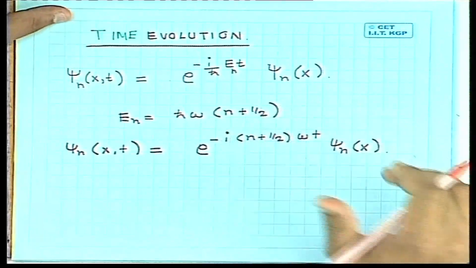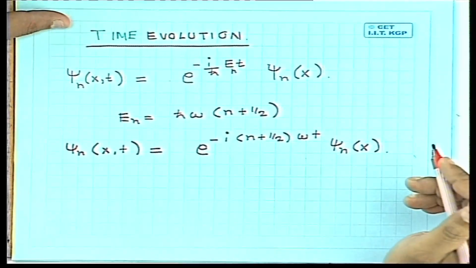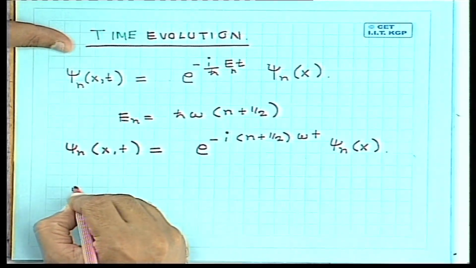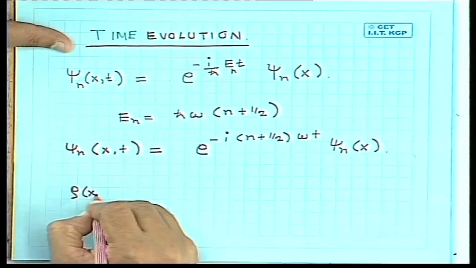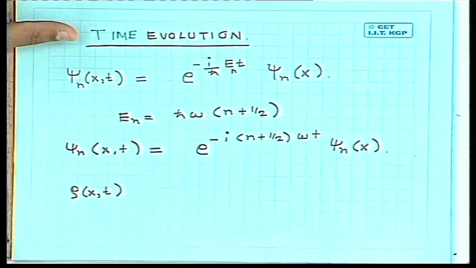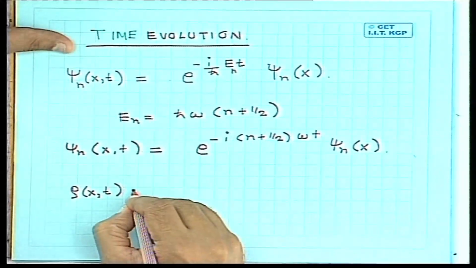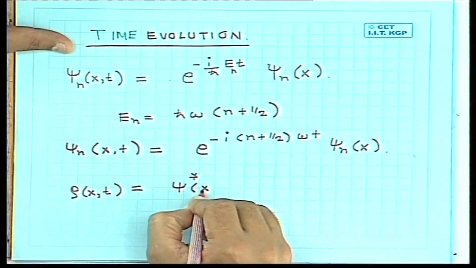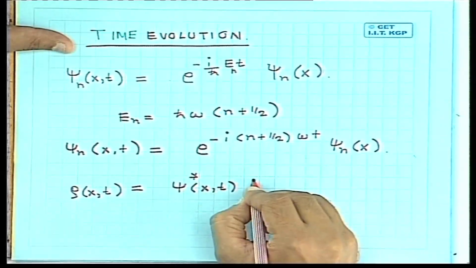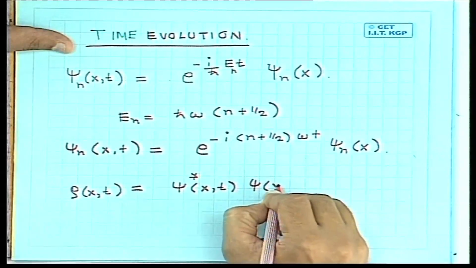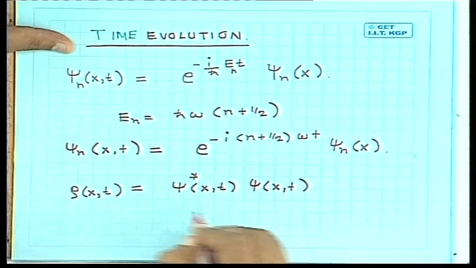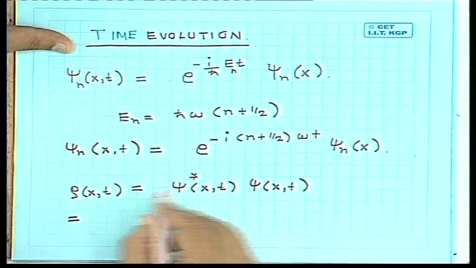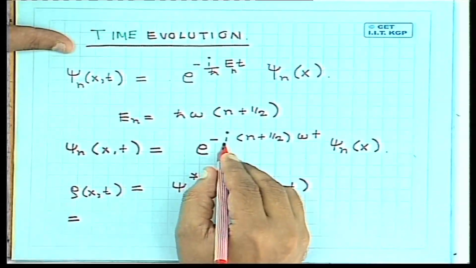So for each of these eigenfunctions, this is how it evolves in time. Let us look at how the probability density, which gives us the probability of finding the particle at some position, evolves. This is equal to psi star of x, t into psi of x, t. When you take psi star, you get the same factor with a plus sign.